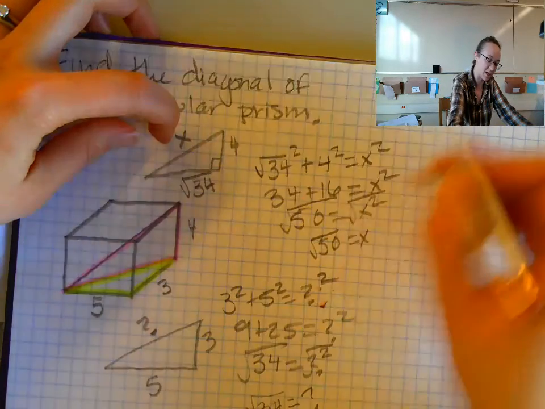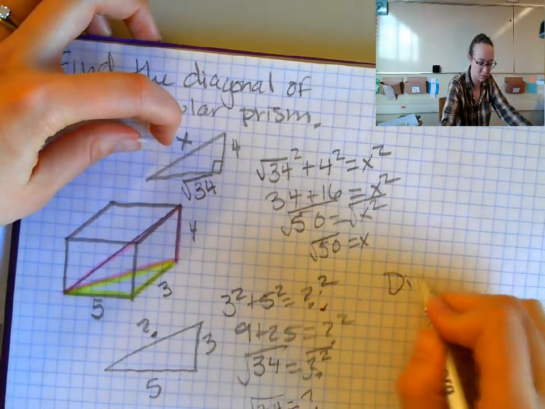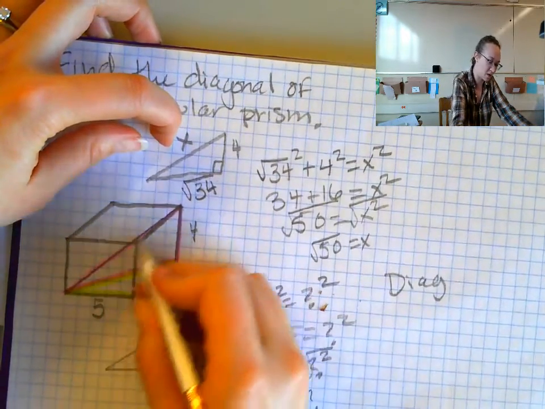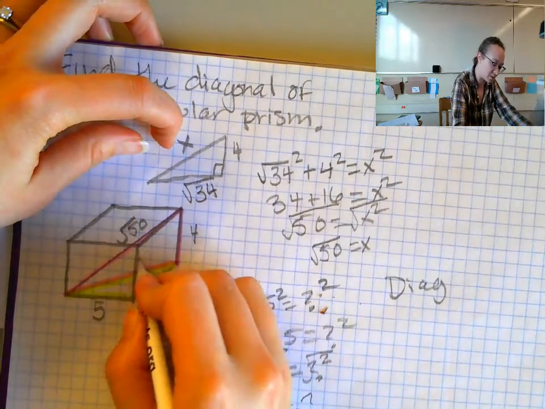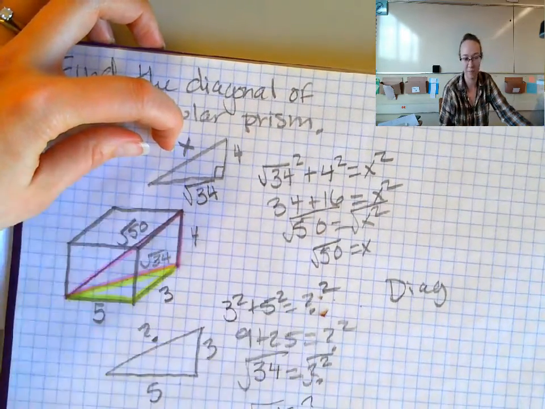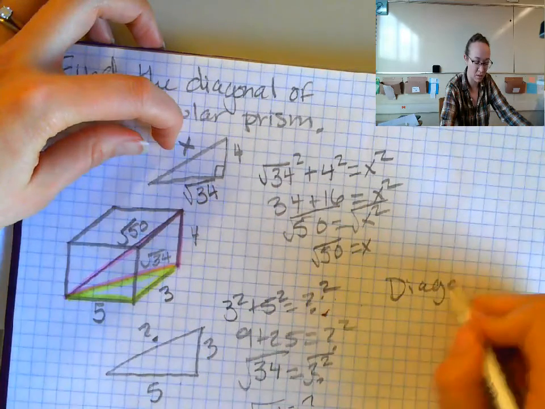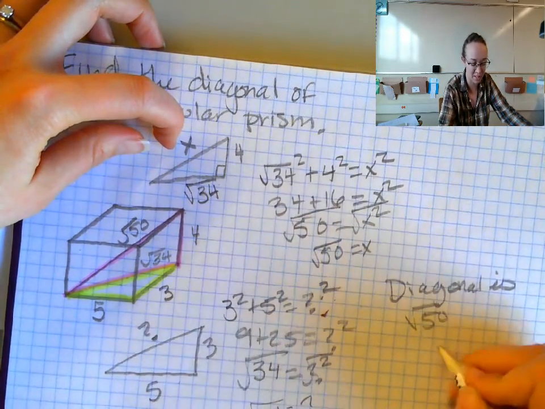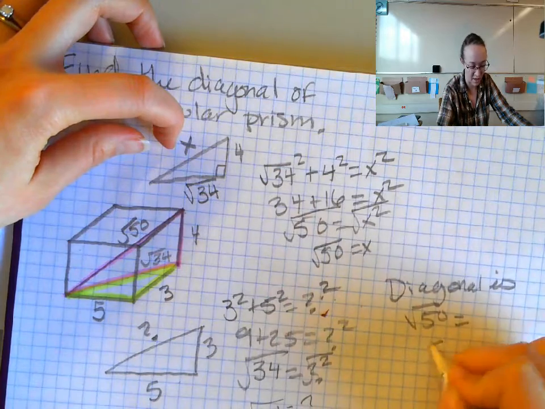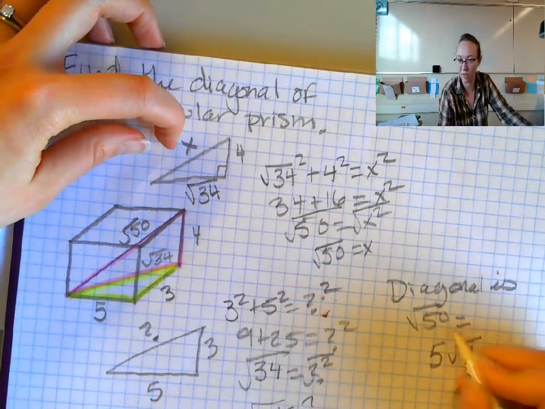So that means that my diagonal, this length right here, is the square root of 50. This little guy right here was the square root of 34. So the diagonal is the square root of 50, which of course can be simplified to 5 root 2, because 25 times 2 gives you 50.